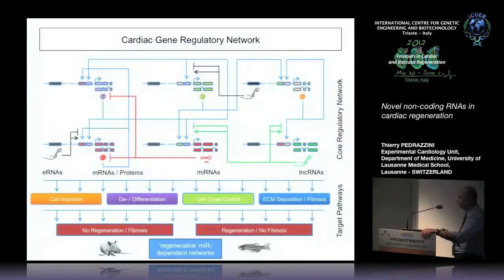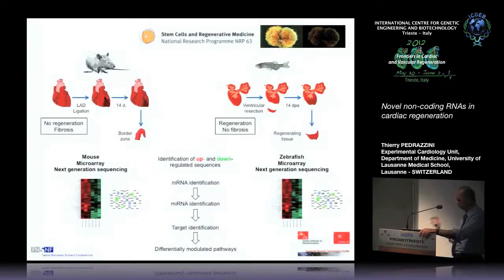So it's a basic comparison of these two organisms in the heart, to identify common pathways between the mouse and the fish after injury in the heart, during fibrotic repair on the one hand and regenerative repair on the other hand.